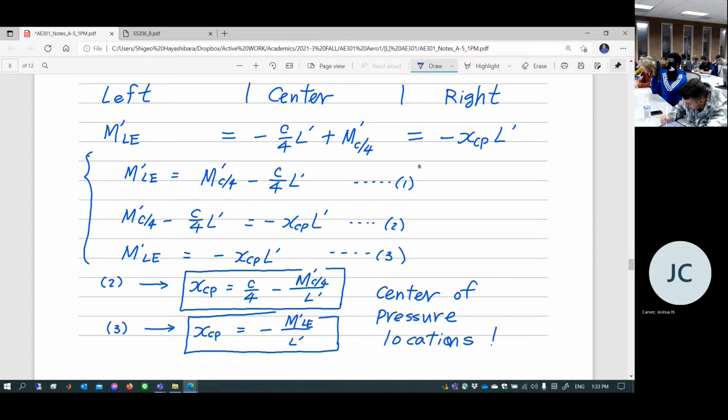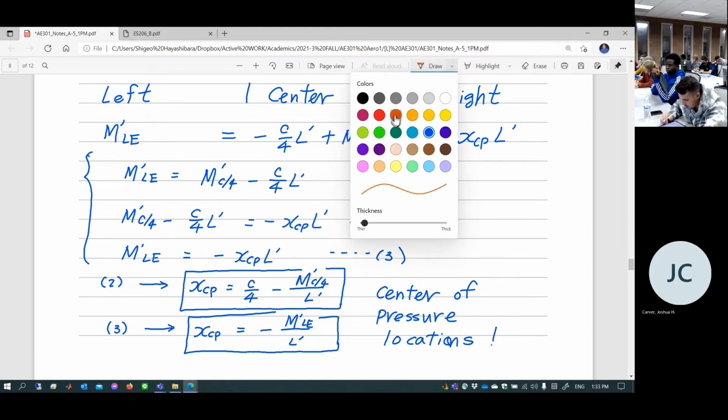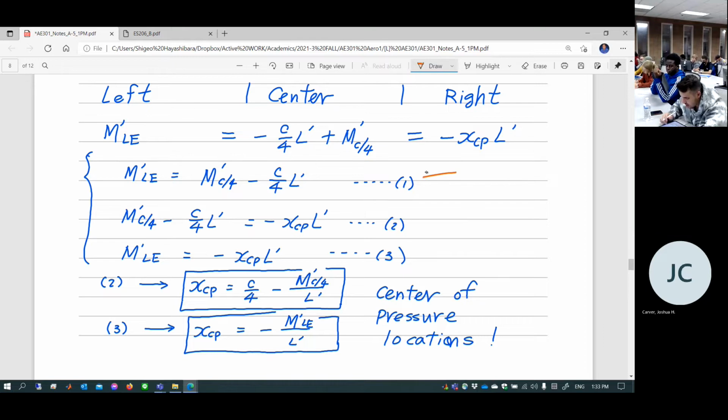Now, what about equation one? What's the meaning of it? Anybody? You can solve for either leading edge moment. That's right. So in other words, this actually relates the moment at the quarter chord and the leading edge. Is that right? So if you know one of those, you can get the other. So this is a relationship.